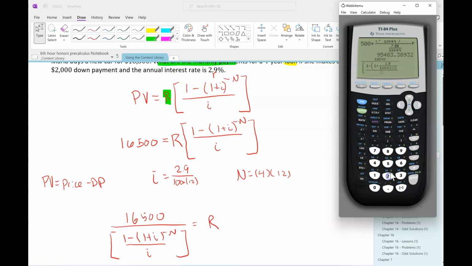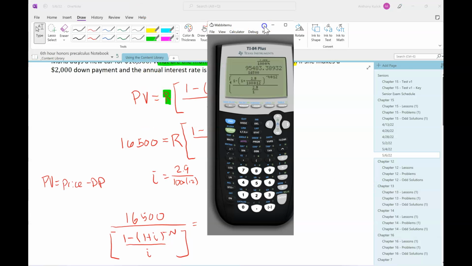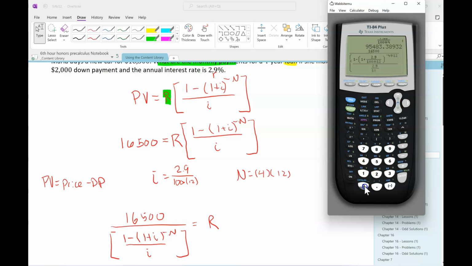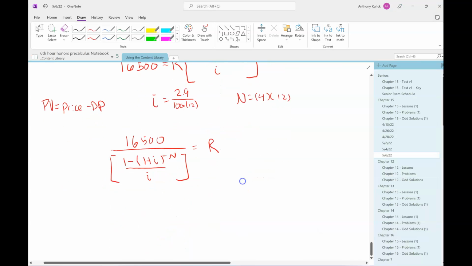So it's 5 fewer sets of parentheses than I really need, which is a whole heaping lot of parentheses that I can get away with not having to use, which is very nice, right? So I do that, I get 364.49.